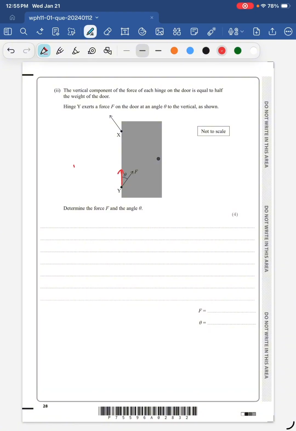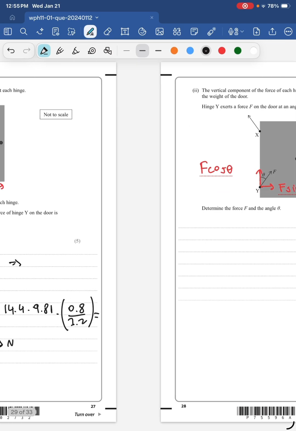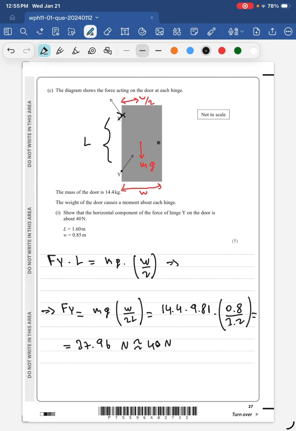Okay, so the vertical component is F cosine theta, right? And the horizontal component is F sine theta. We found F sine theta earlier, because this is what we did here. We found the horizontal component of the force of hinge Y on the door. So this was the horizontal component, Fy, right? And Fy times L was equal to that, and we found Fy.